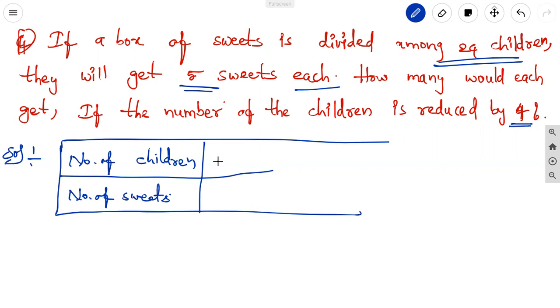Here 24 children, we don't know how many sweets in total, but each child got 5 sweets.